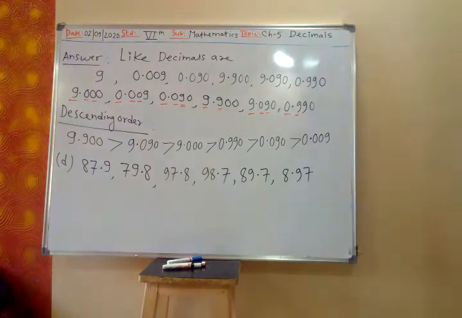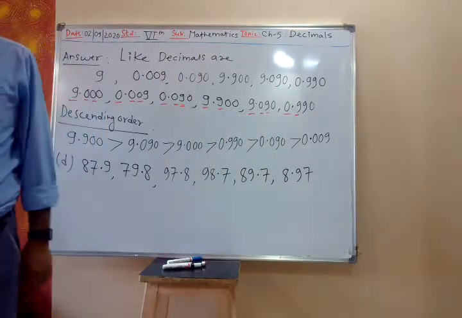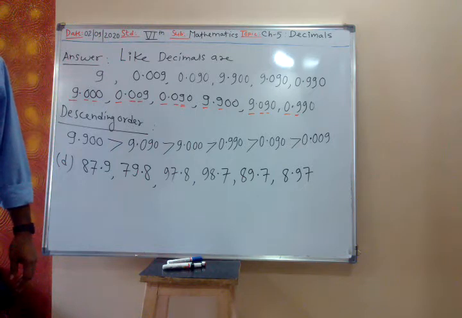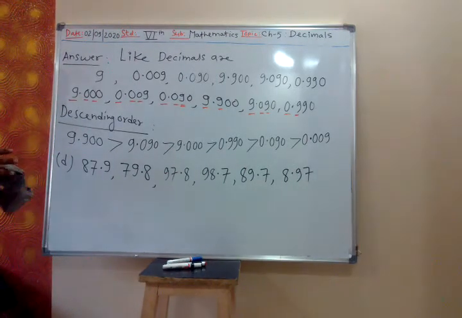See here. Now let me do this descending and let me give you ascending homework. Is it clear? Our period is up to 11:20.